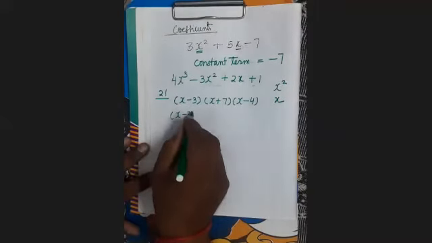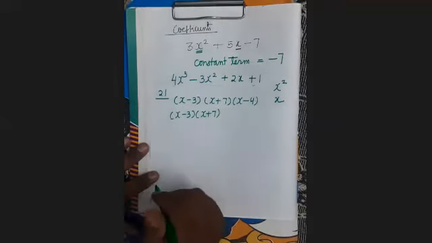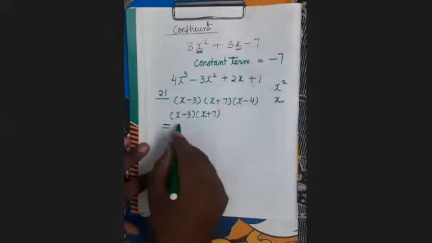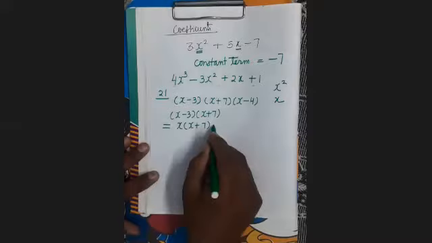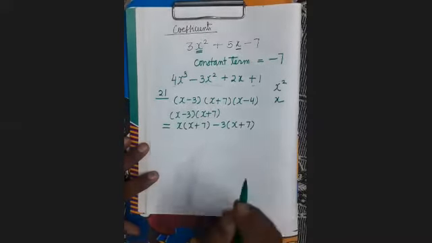x minus 3 into x plus 7. So x will be multiplied with this bracket, x plus 7, and minus 3 will be multiplied with x plus 7.